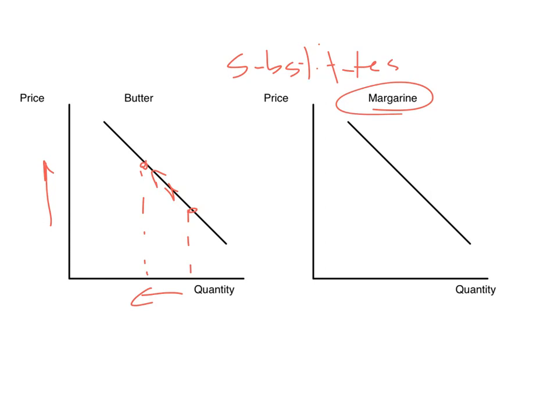Therefore, the demand for margarine will increase. So an increase in the price of butter leads to an increase in the demand for margarine. That's because these two goods are substitutes.